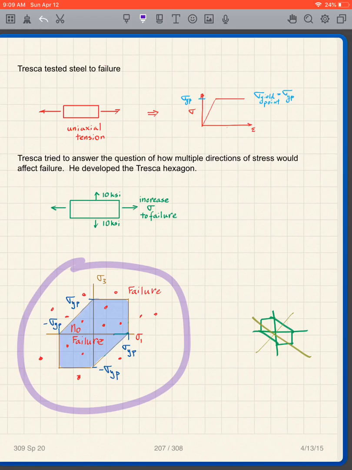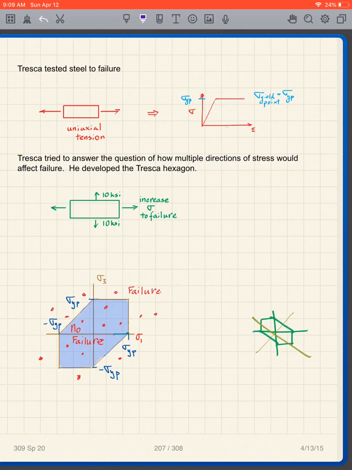And what he found was the following. He ran this sort of test over and over again under different situations. His end result plots were these. He plotted sigma 1 on the x-axis and sigma 3 on the y-axis, and he was able to do the test and figure out whether or not you got failure.